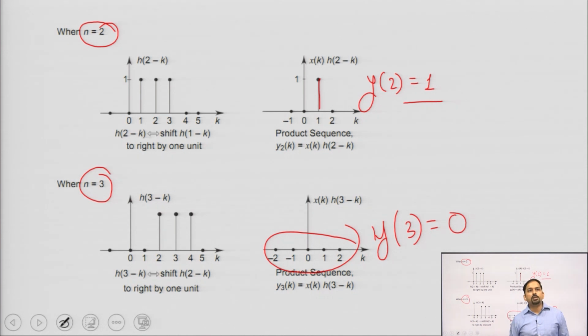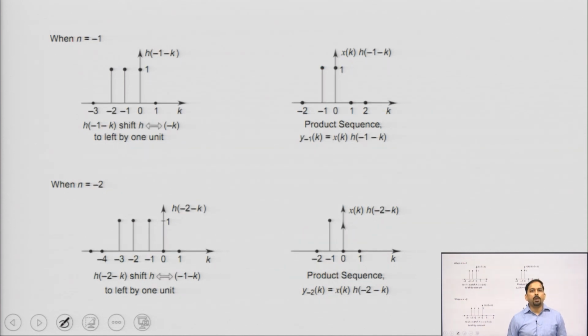We have considered the positive values of n; we also need to consider the negative values of n, which are -1, -2, -3. At -1, we shift the signal towards the left, this side, and perform the multiplication.